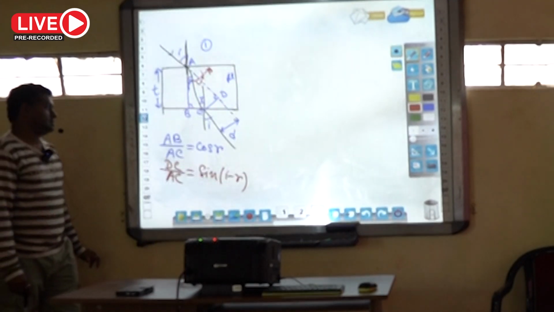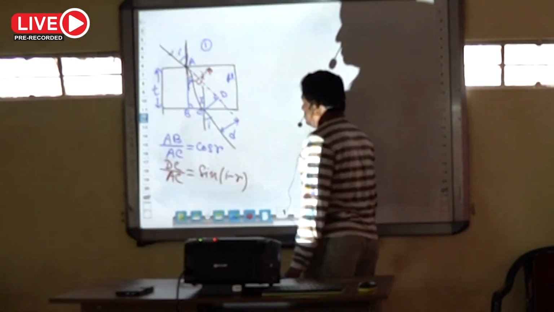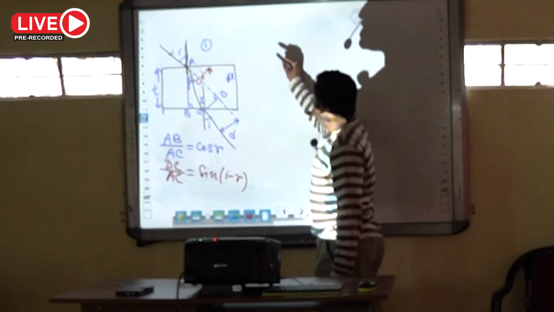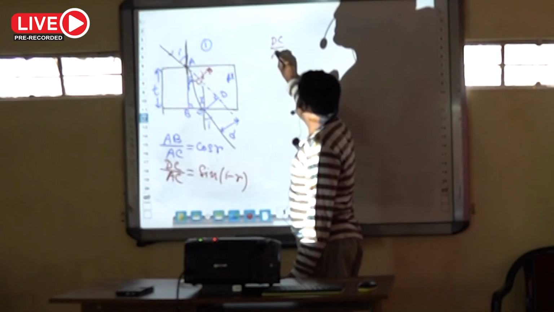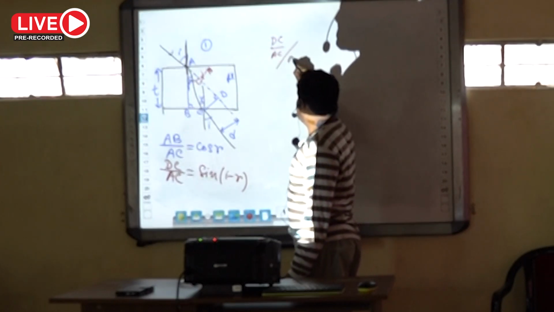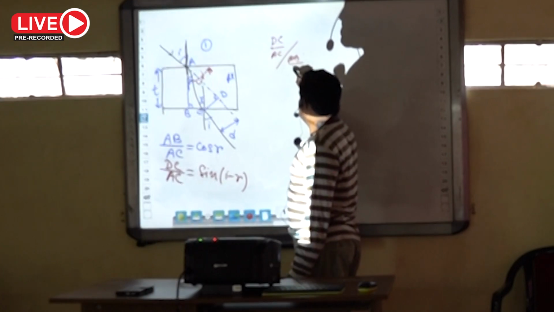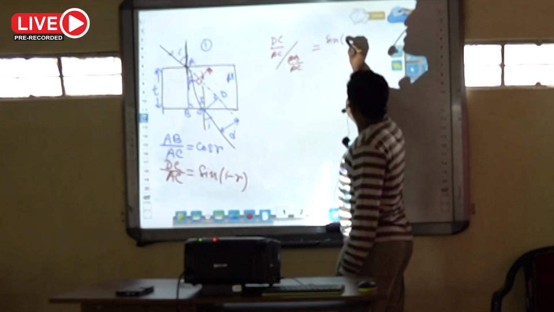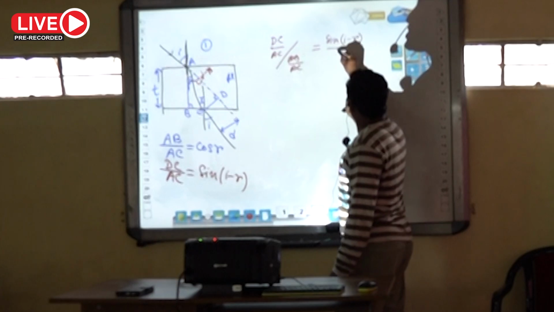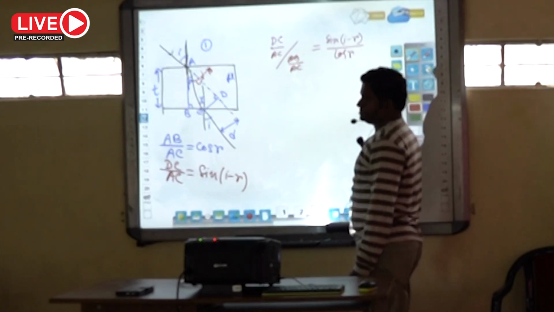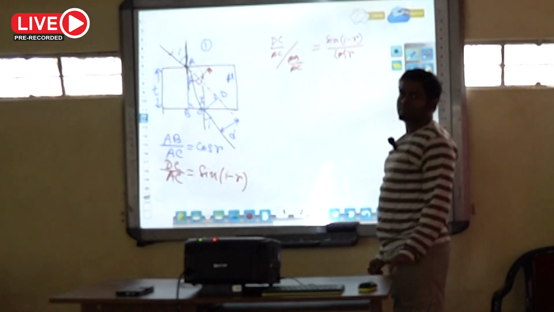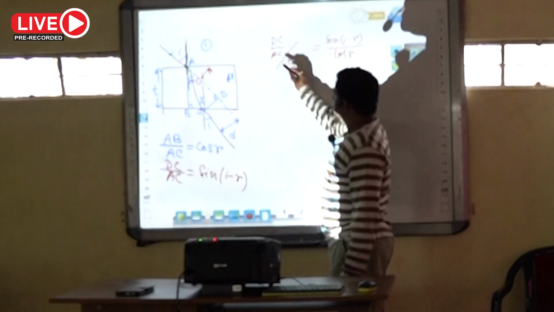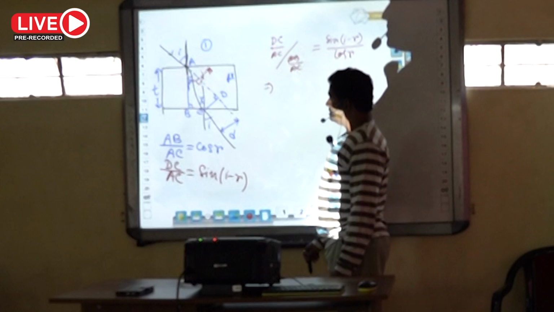Okay. Then, if I divide these two, the second one by the first one, then BC by AC divided by AB by AC is equal to sin I minus R by cos R. Then AC will cancel. What is BC?